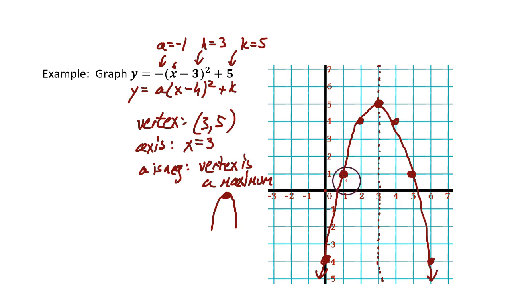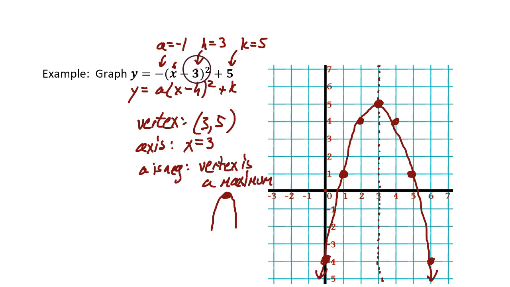this dot. Then I asked myself, from the vertex, what if x changed by 3? 3 squared is 9, and the negative in front makes -9. So I went over 3 and counted down 9, which got me this dot and this dot.